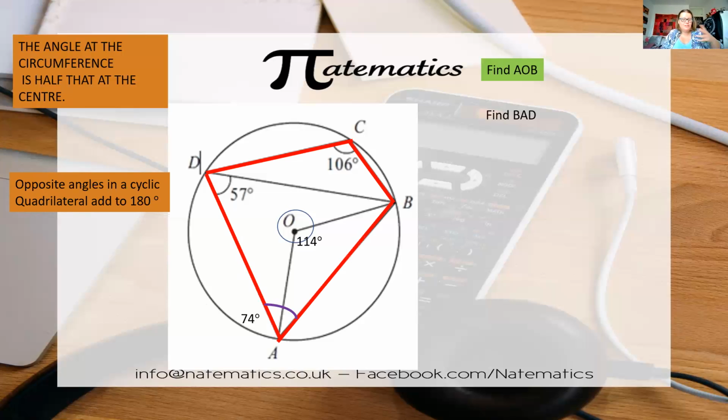So you would have had to say, well, how is that 74 degrees? Well, it's part of a cyclic quadrilateral, ABCD. Opposite angles add to 180. So therefore, given angle DCB is 106, DAB must be 74. Now, it's the same as BAD. It's basically the angle formed between those two lines.